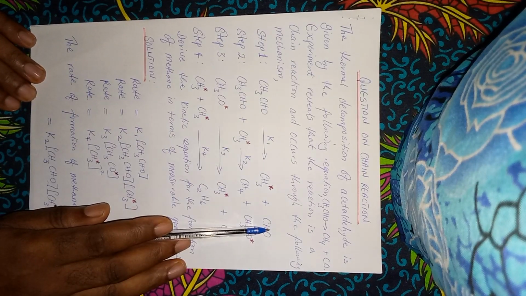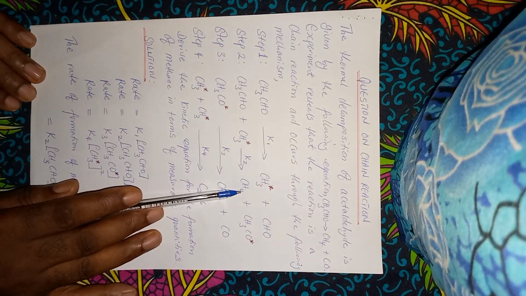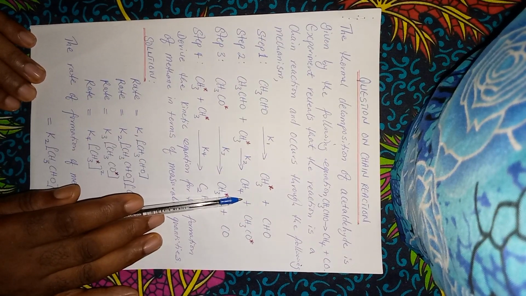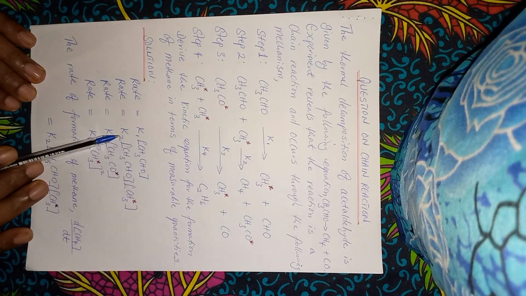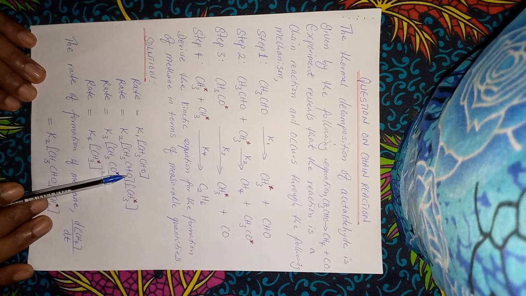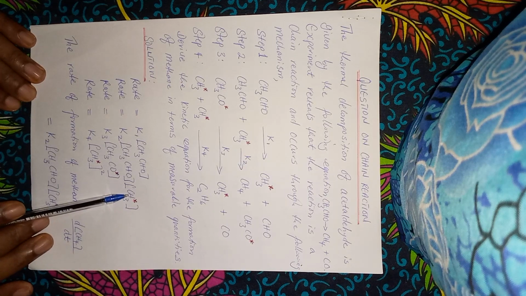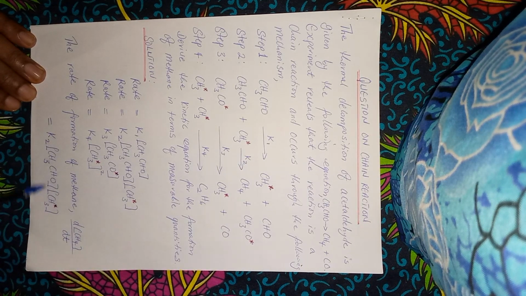Then you go to step 2, you have CH4 present as a product. So what's the rate for step 2? The rate for step 2 is K2 in bracket CH3CHO in bracket free radical CH3. That's why we have the rate of formation of methane is this.